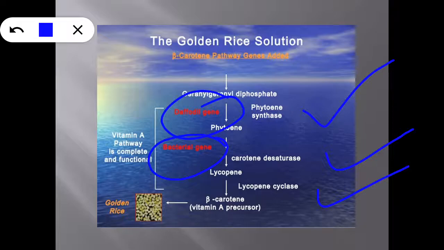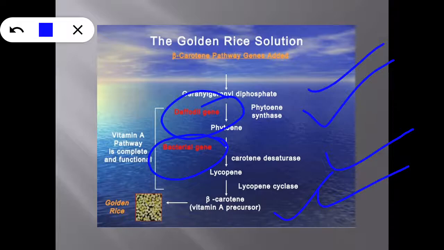But later it was found that the normal traditional rice is able to produce lycopene cyclase. Thereafter they stopped transferring the gene for lycopene cyclase, and the source for this lycopene cyclase was again the daffodil. That means from the daffodil, earlier two genes were isolated, one is phytoene synthase, another one is lycopene cyclase.